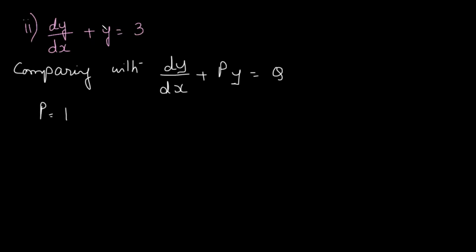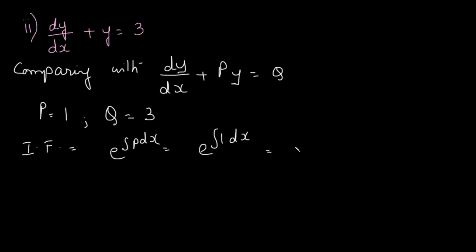As you can see, P is 1 and Q becomes 3. So our integrating factor, which is e raised to integral P dx, becomes e raised to integral 1 dx, because P is 1 and integral of 1 is x. So we get e raised to x as our integrating factor.